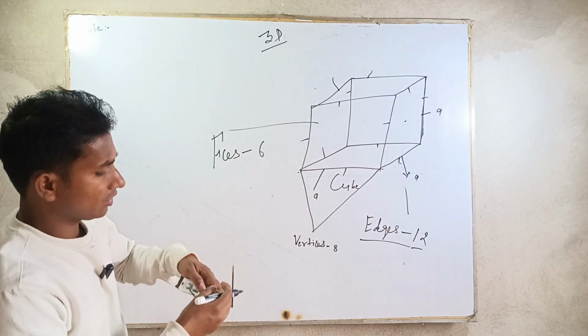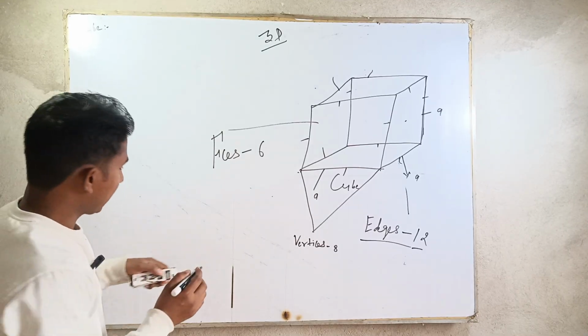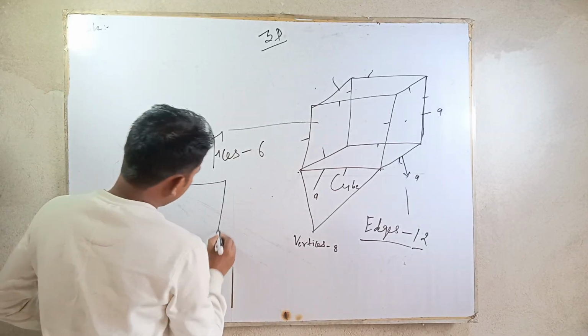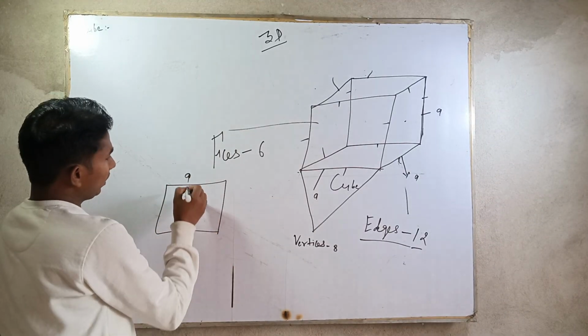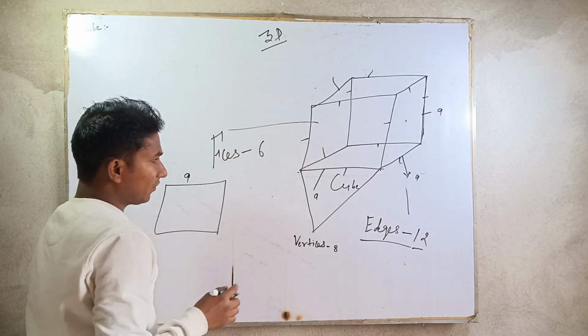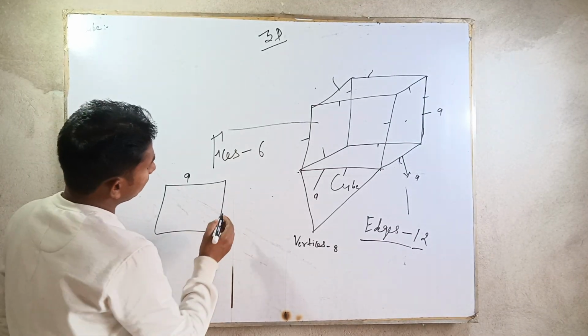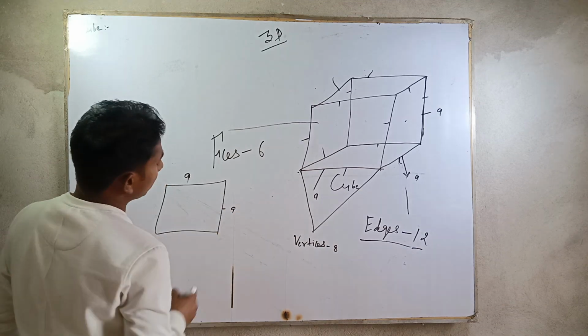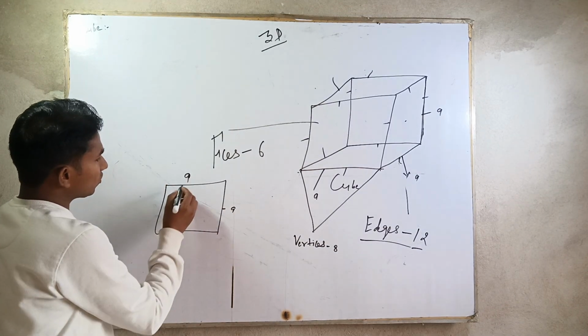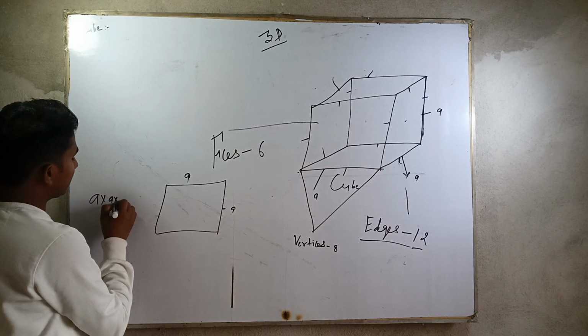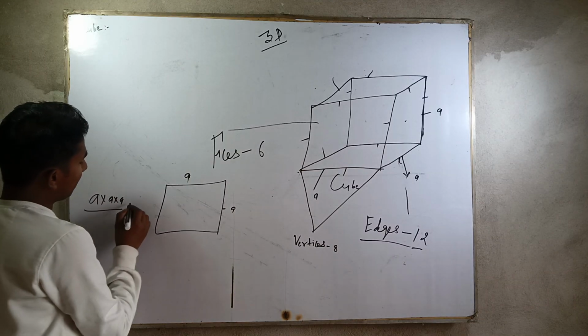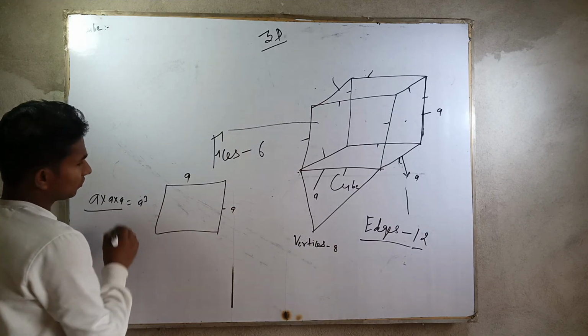If I cut like this shape, then I will say it's a square. Multiplying length, height and breadth, the power will be 3.